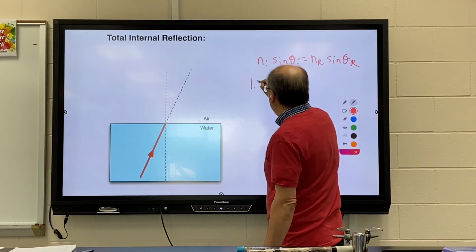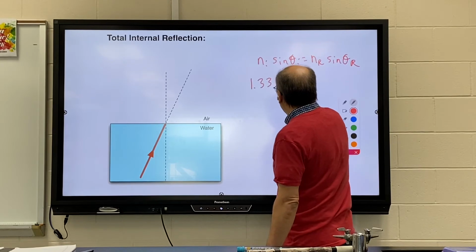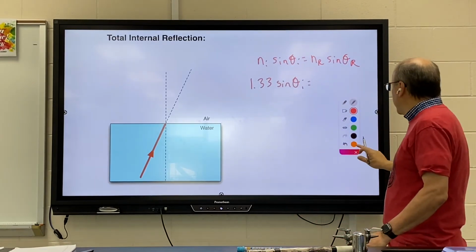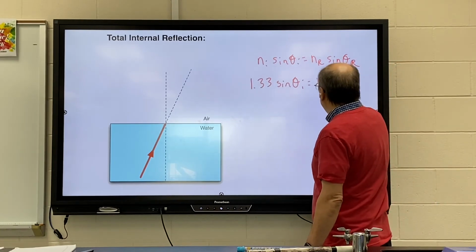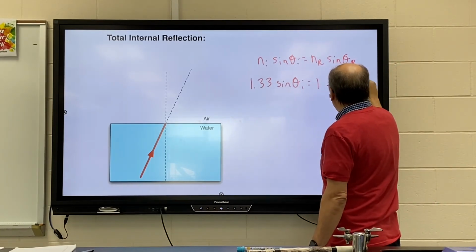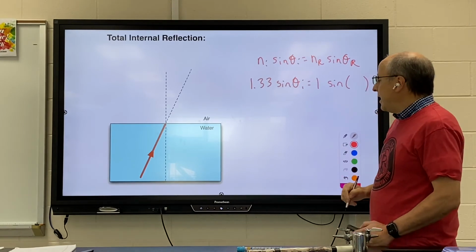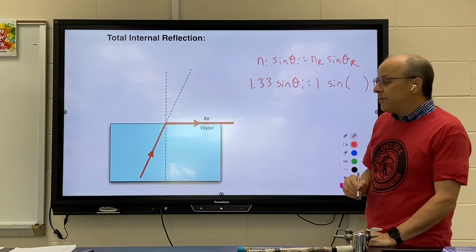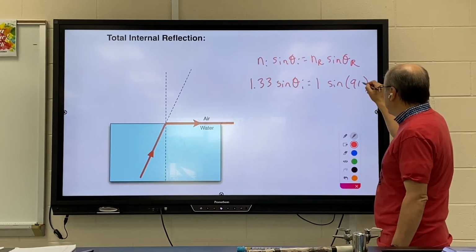We start in water. We don't know which angle will trigger total internal reflection. We're going into air, and here's the key. At the highest possible angle, we would have an angle of refraction of 90 degrees.